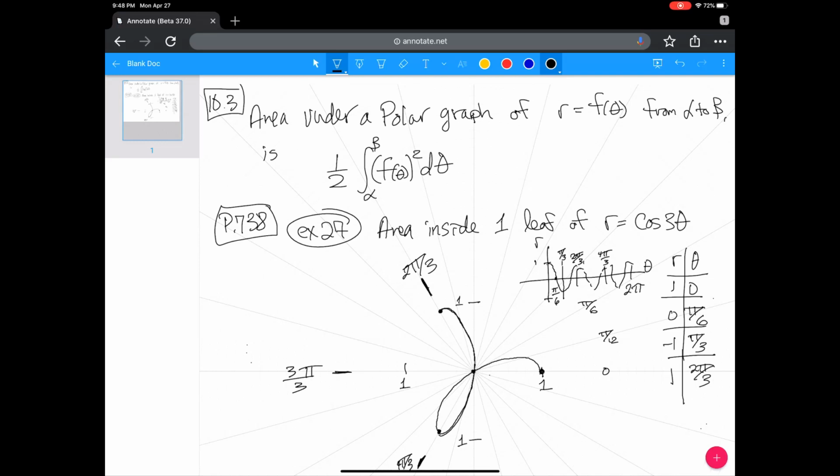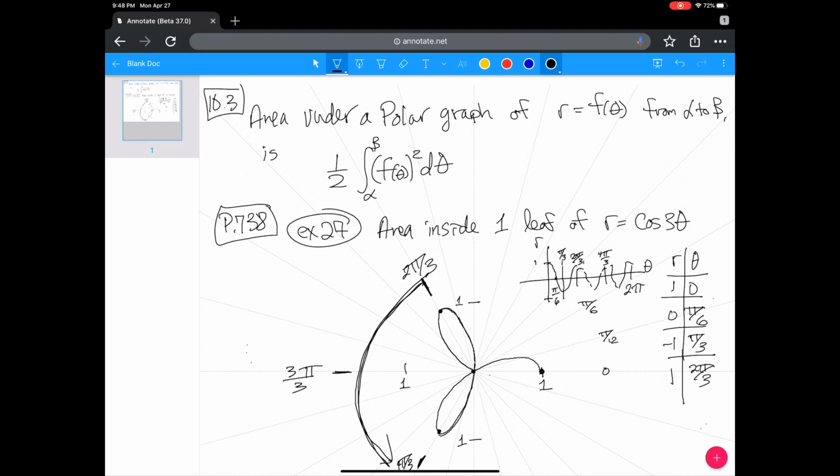So as I go from here to here through those angles, as theta passes along this angle arc rotation, the graph is going to go into the origin, out to a 1, and then back through again. So as it starts this journey, from here I'm going to go back down to the origin like that.